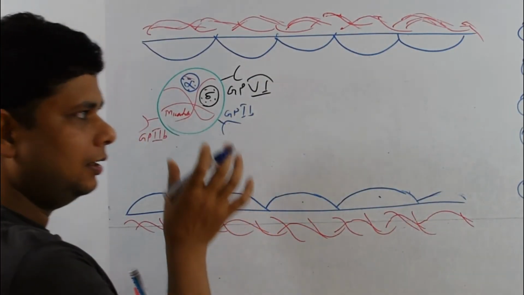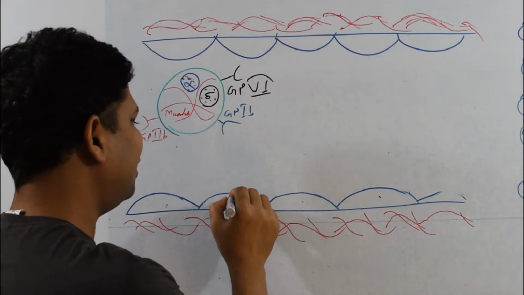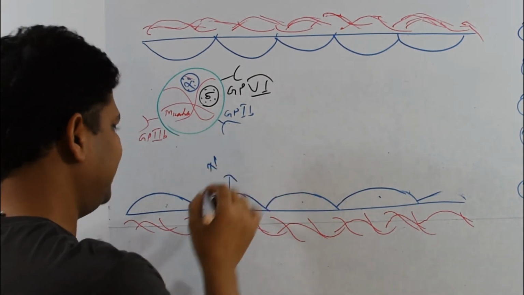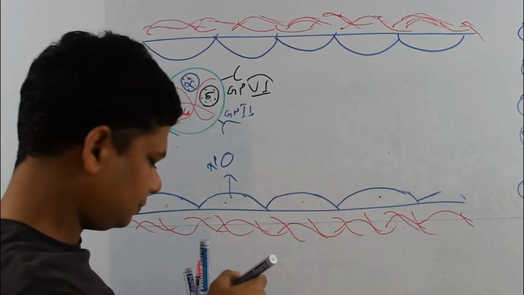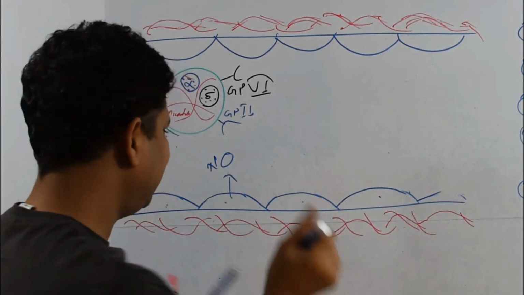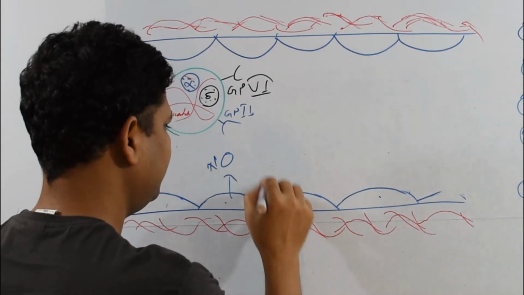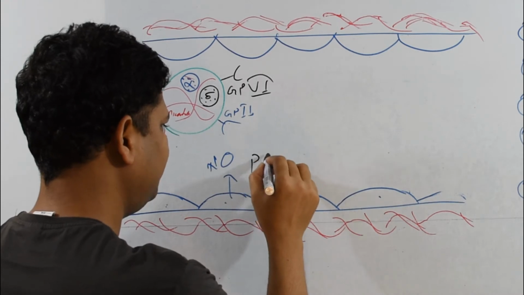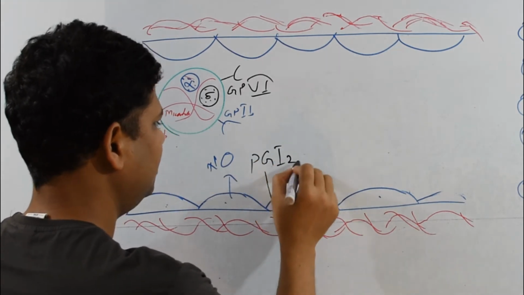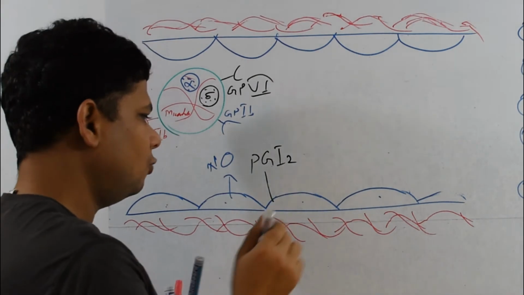These endothelial cells always secrete nitric oxide, NO. They also secrete prostacyclin, PGI2. What else?